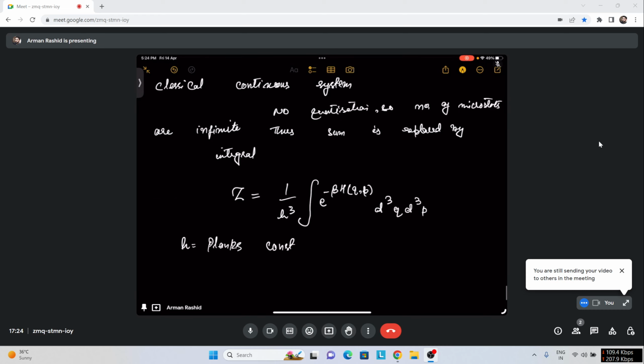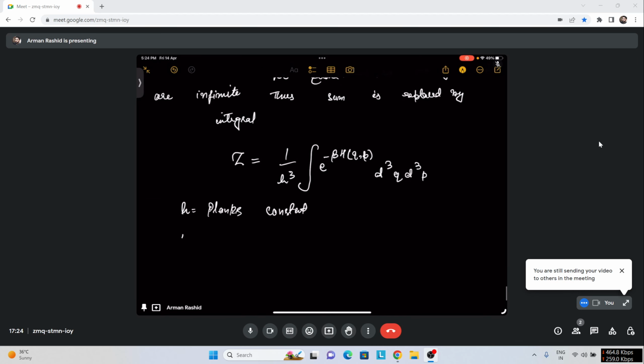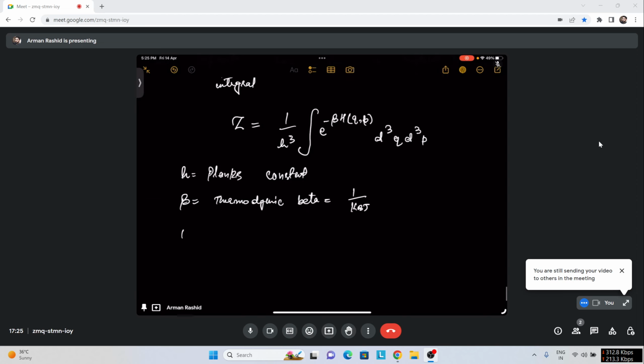Okay, where h is Planck's constant, beta is thermodynamic beta, whose value is 1 by kbt. Then we have a quantity H of q, p. This is called the Hamiltonian of the system.